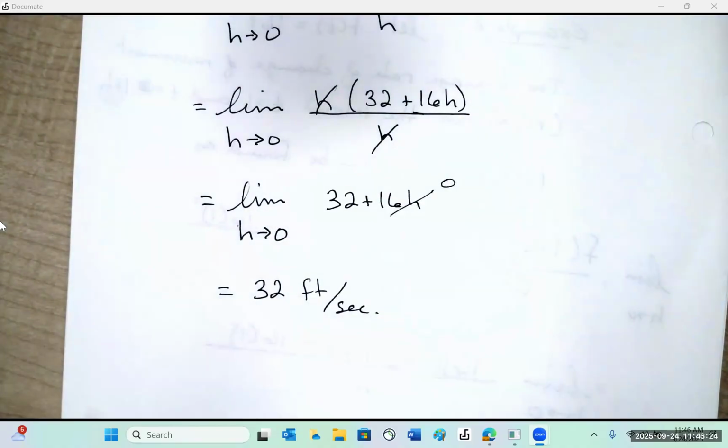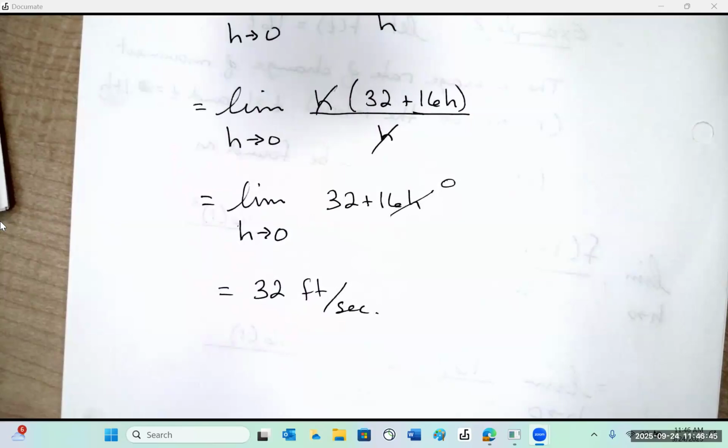That's how fast it's falling. It's a constant rate of change. So far, so good. That's it for that section.